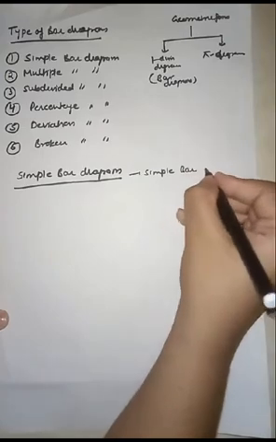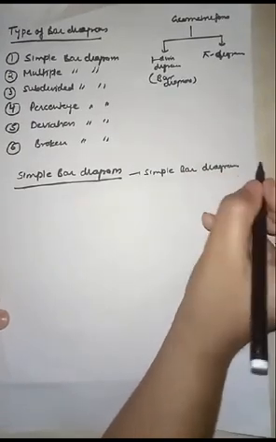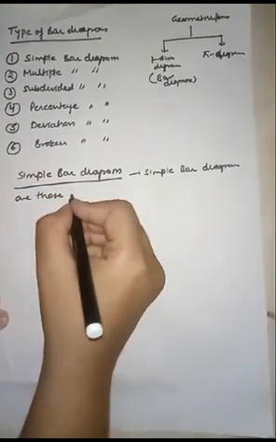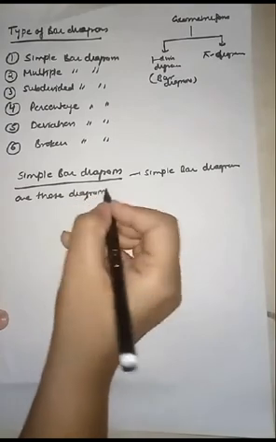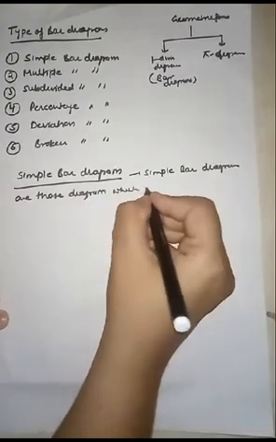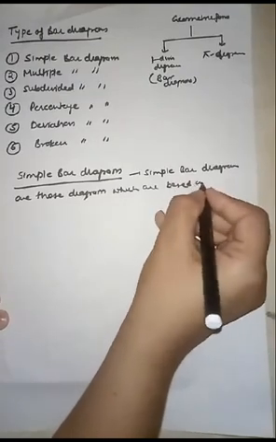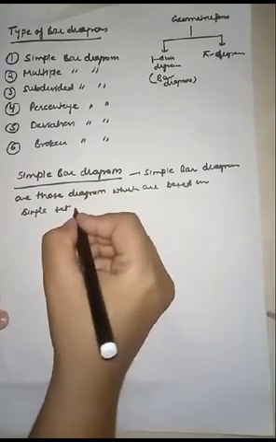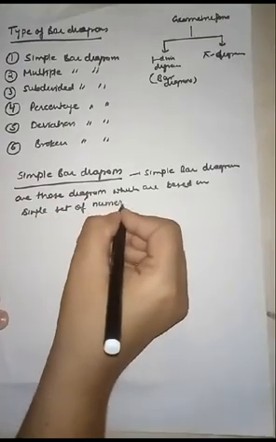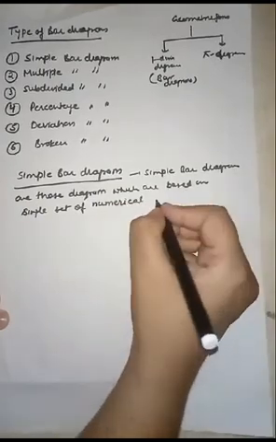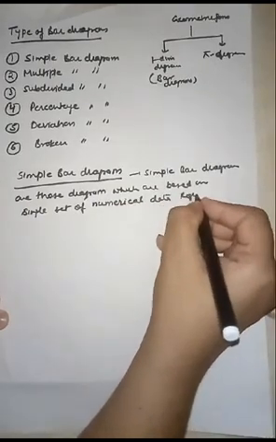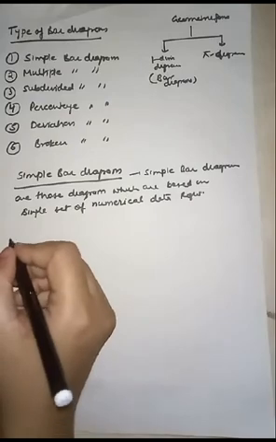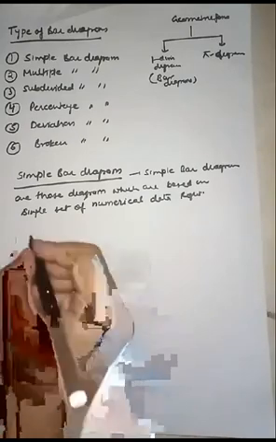Simple bar diagrams are those diagrams which are based on a single set of numerical data, right? So let's suppose we have an example.